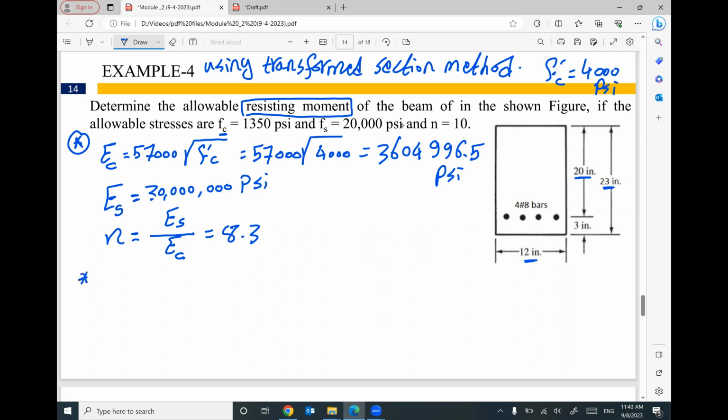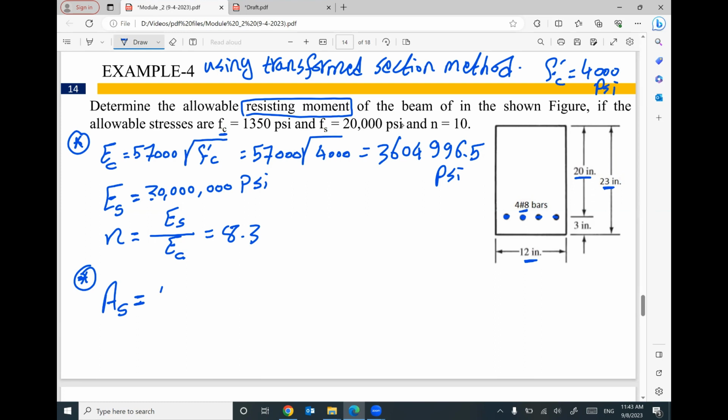Second step. Anybody can tell me what is the value of area steel? How can I figure out the value of area steel? How many bars do we have? 4. What is the size of each bar? Number 8. Thank you.